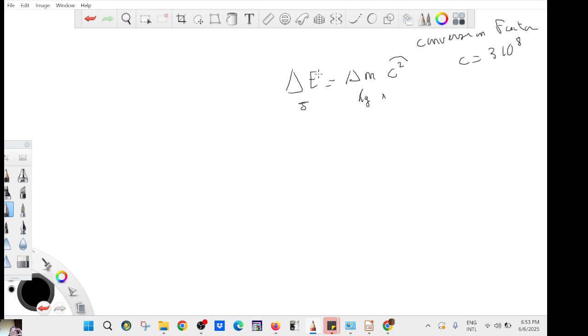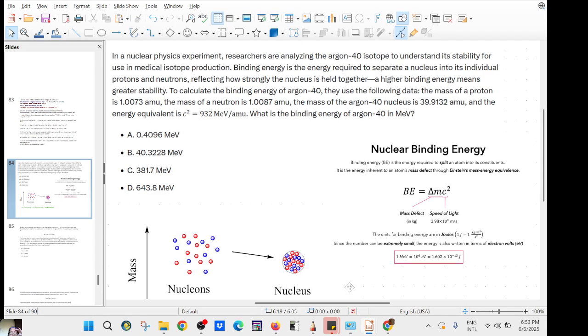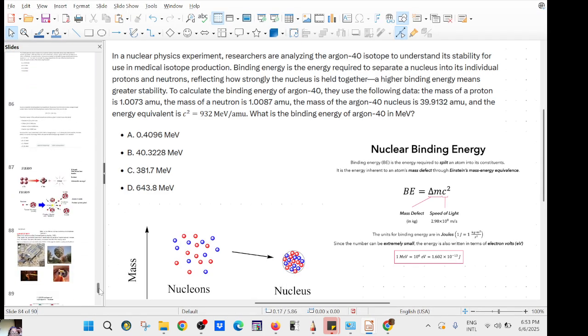In a nuclear reaction, you're going to release a million times more energy than you release in TNT or a chemical reaction. So mass can be converted to energy, and that happens in nuclear reactions.